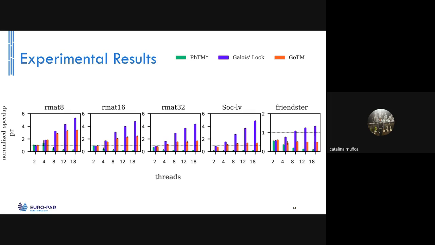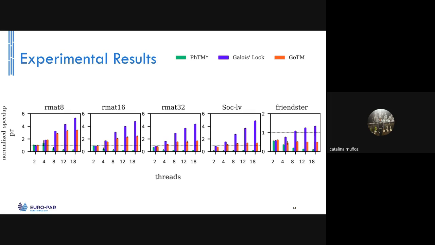Galois is very good, so it is a high bar. I can't tell for a specific portion, but if I'm not able to execute at least 45% of the time in hardware, then I'm probably not going to outperform Galois.